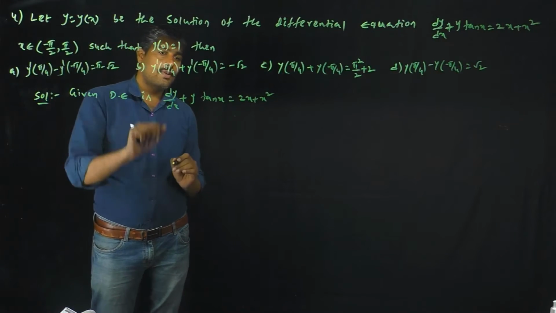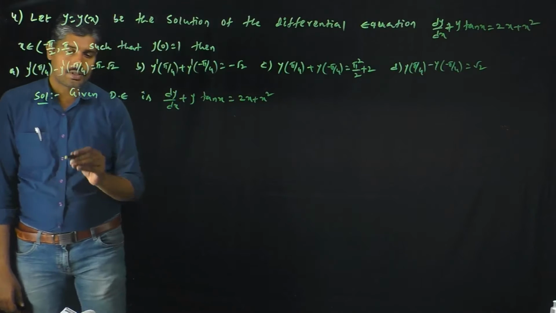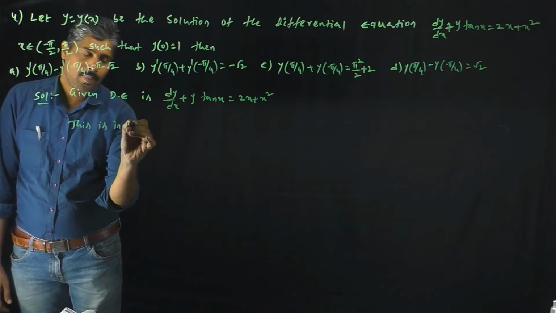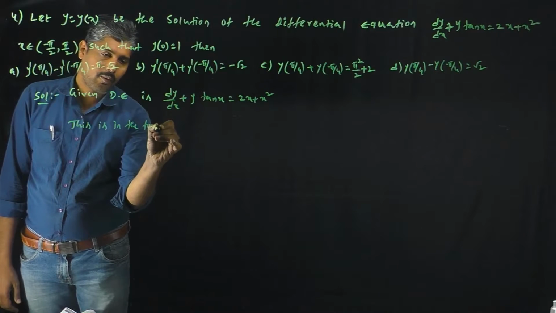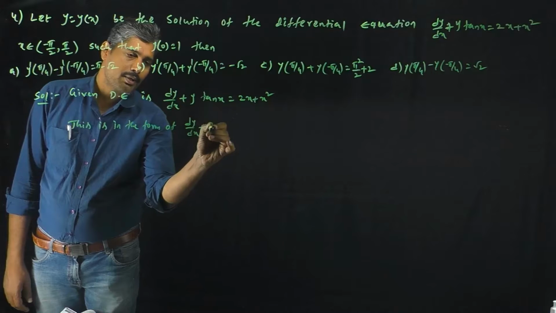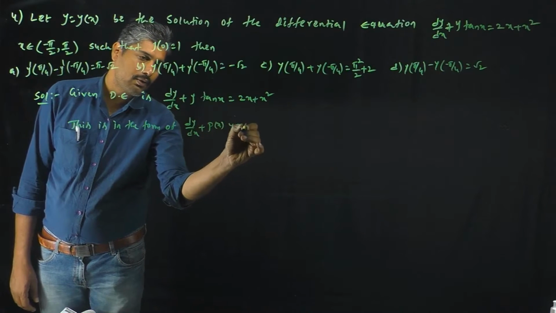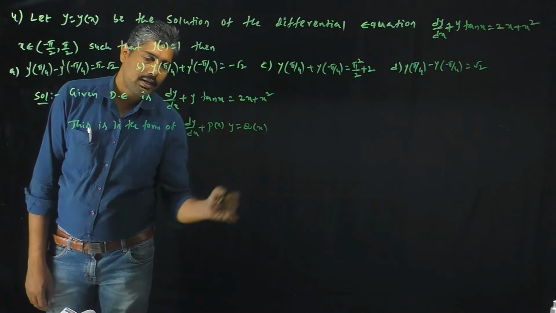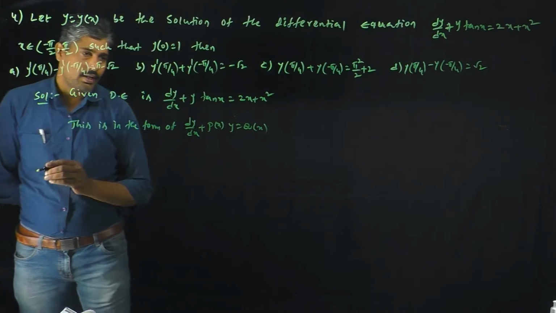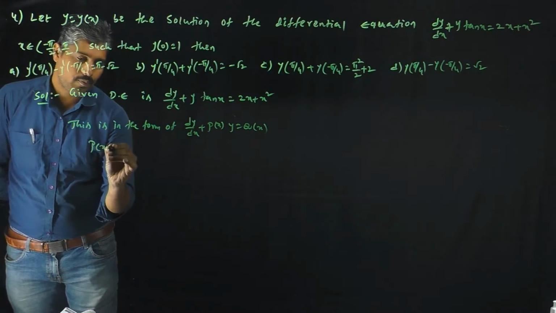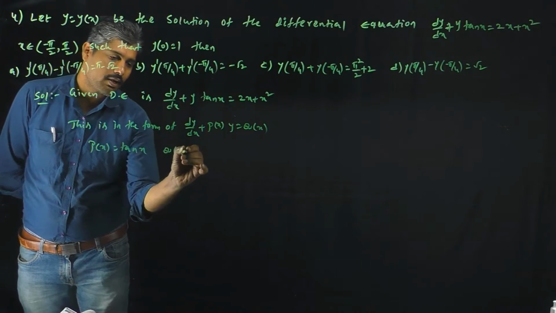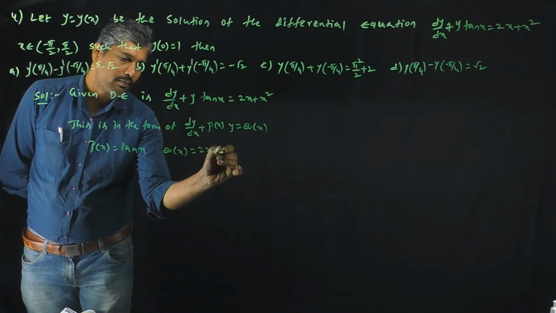Clearly, this is solved by using the linear differential equation method. This is in the form of dy by dx plus p of x into y equal to q of x. Clearly, this is a linear differential equation in y. Here p of x equal to tan x and q of x equal to 2x plus x square.